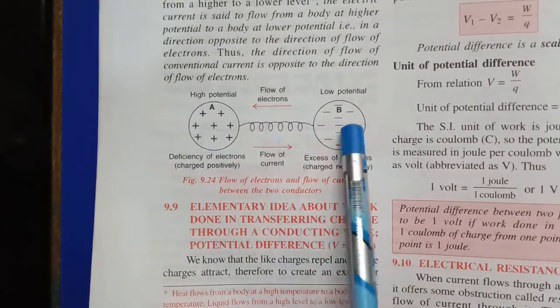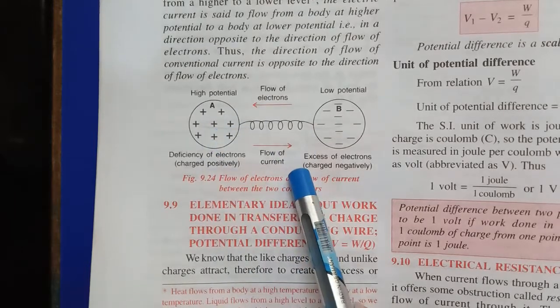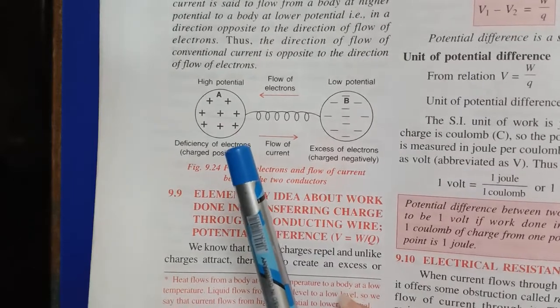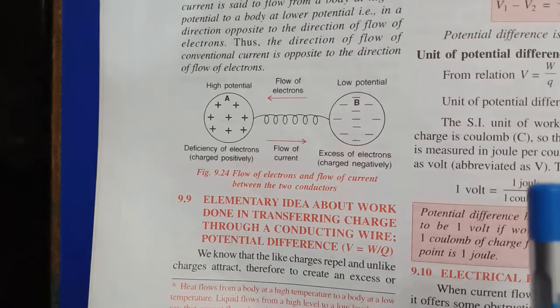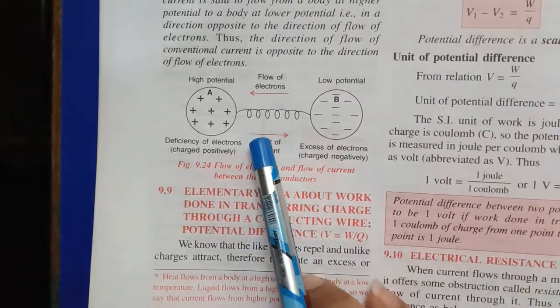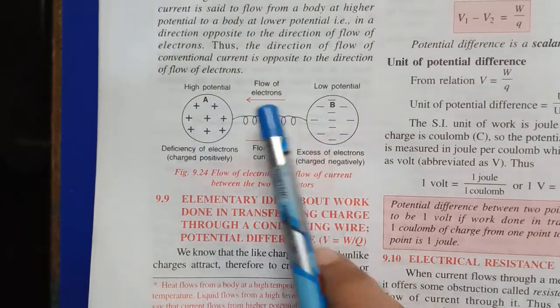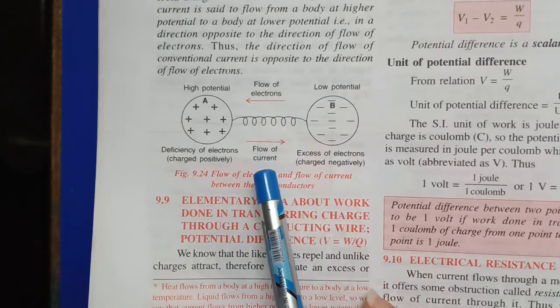Because of this potential difference, there is a flow of current. So the cell is the source of current. This we have studied, that the cell or a battery is a source of current, and between the two terminals of the cell, the positive and the negative terminal, there is a difference of potential. They maintain the difference of potential, then only they supply the current.